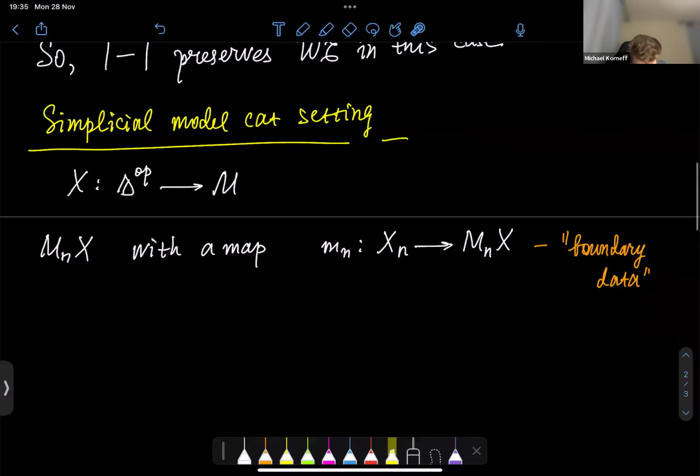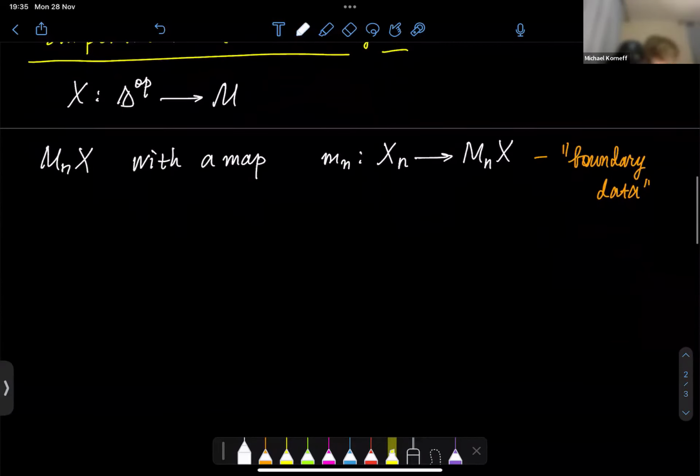And okay, you know that the weighted limit with the weight delta n is just the set of n simplices.